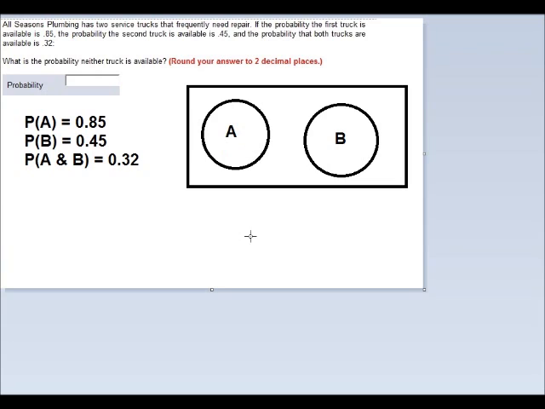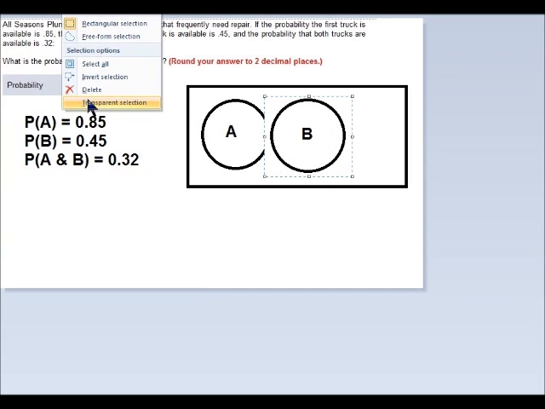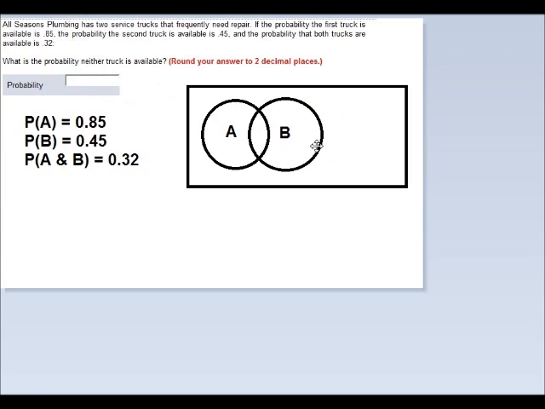The situation that we have here is that our two events overlap. So what that means is that if we have 0.85 over here and we have 0.45, then during some of that time, both trucks are actually available.